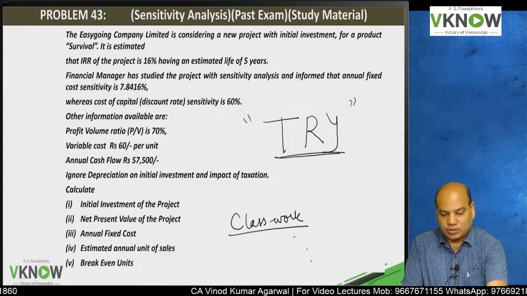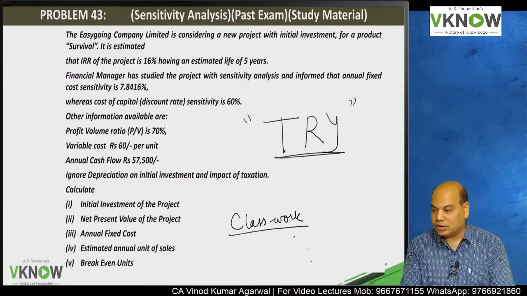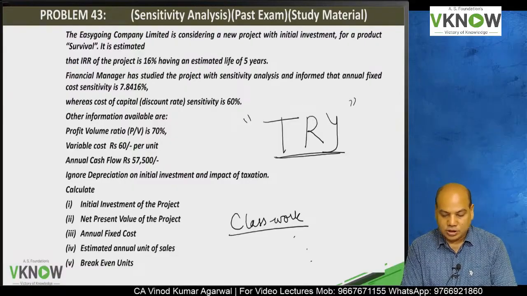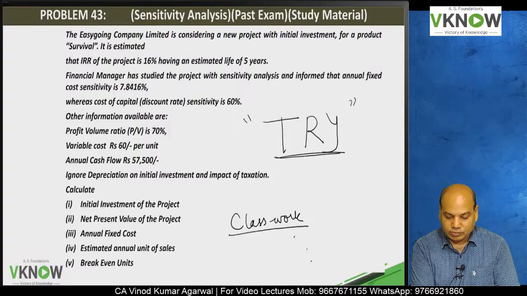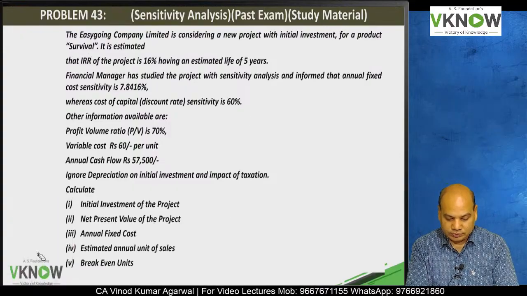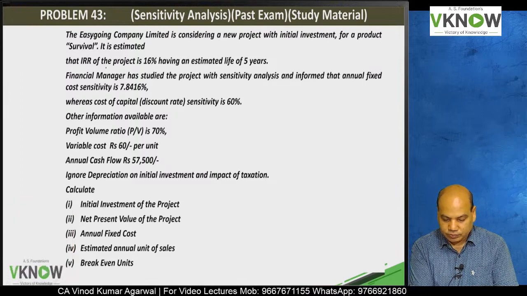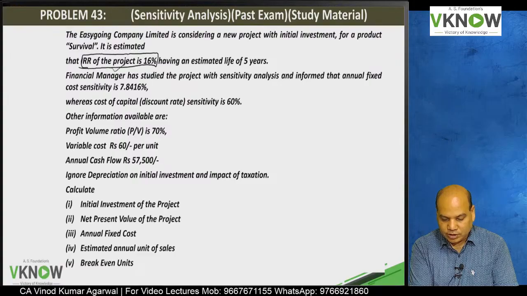The easygoing company is considering a new project with an initial investment for a product survival. It is estimated that the IRR of the project is 16%. So this is a very important hint.